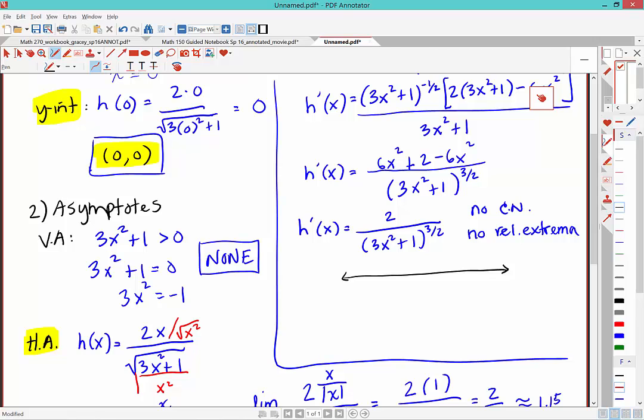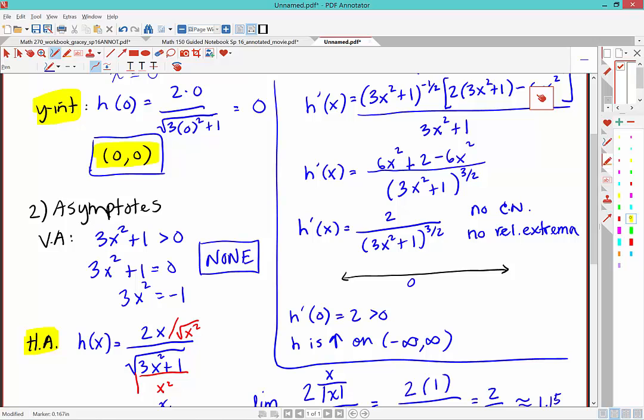And I think what you'll see is that this is increasing the whole way. So if we just choose 0 to test, we would have h prime at 0 is equal to 2, which is greater than 0. So h is increasing on minus infinity to infinity. So that'll be helpful for our graph.